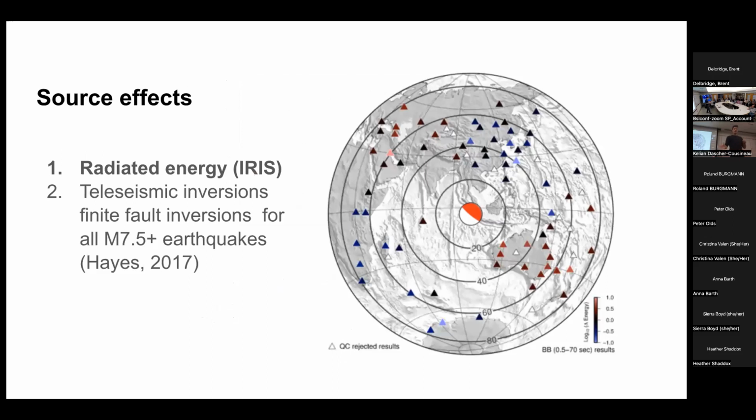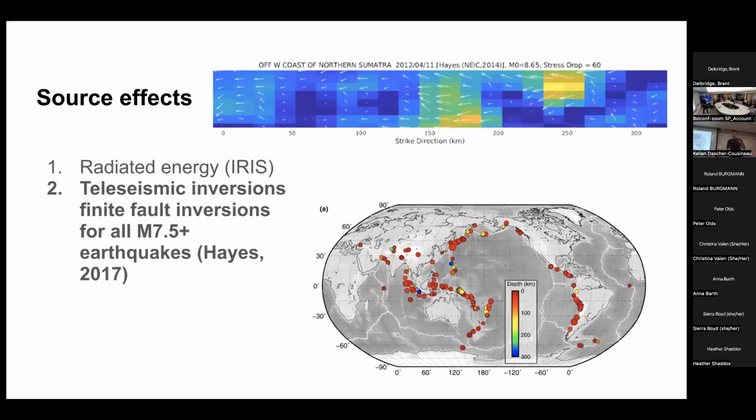The next thing that we investigated was source effects, a lot of things that the literature seems to think should matter a lot, and that includes radiated energy. It also includes this really cool data set of all magnitude 7.5 earthquakes since 1990, inverted using finite fault inversions by Gavin Hayes.